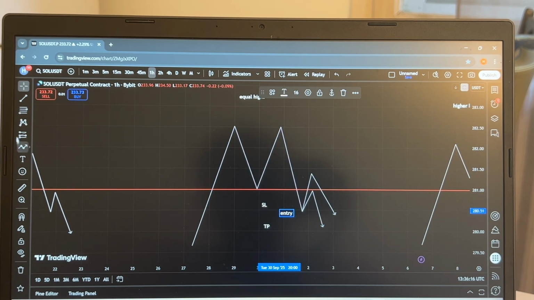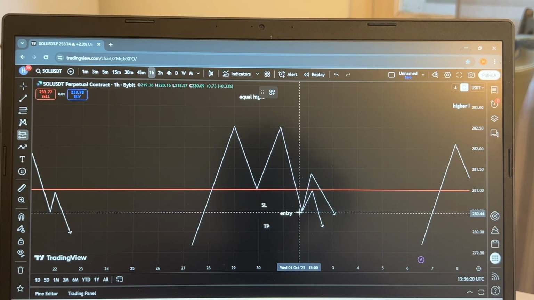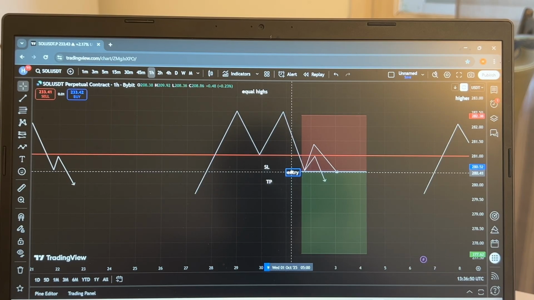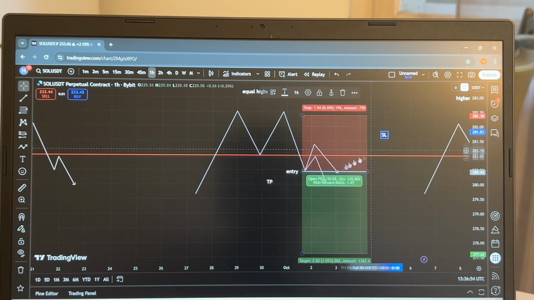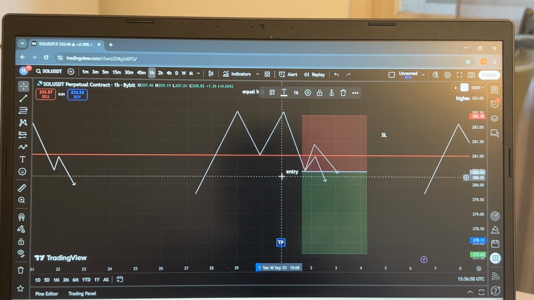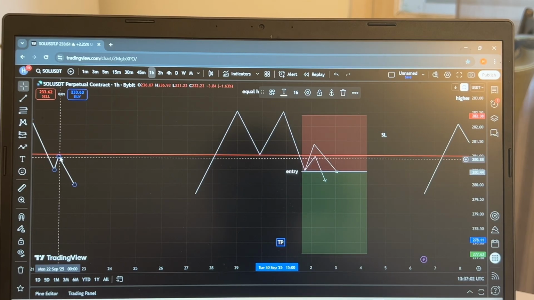In this case we are going for a short, so let's get the short position and put our entry here. The stop loss we'll keep somewhere over here, and TP somewhere over here because it's easy, it's not close by. So the entry is here.